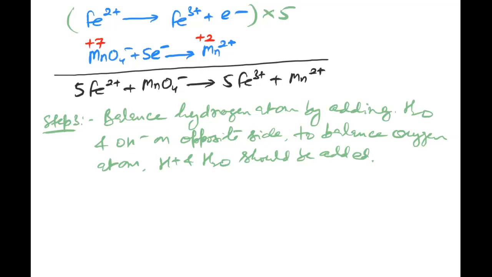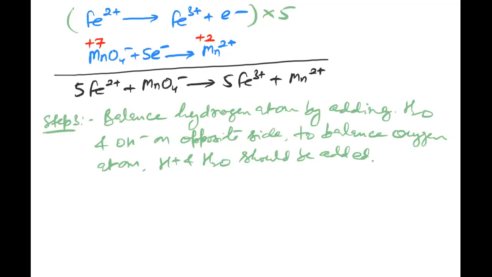So if you see in the given reaction, 5 Fe2+ and permanganate ion is converting to 5 times Fe3+ and Mn2+. On the left-hand side we have 4 extra oxygen atoms, and on the product side there is no oxygen atom.